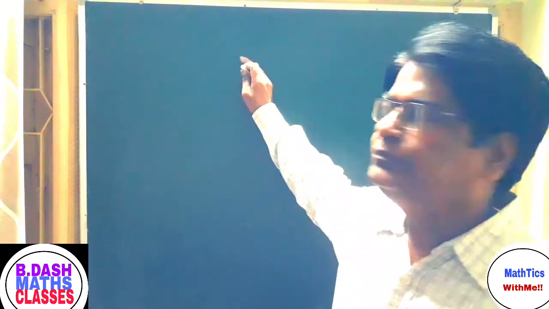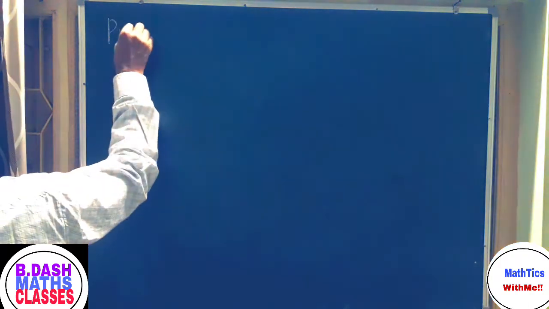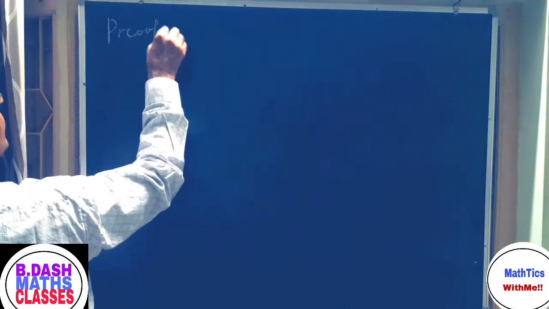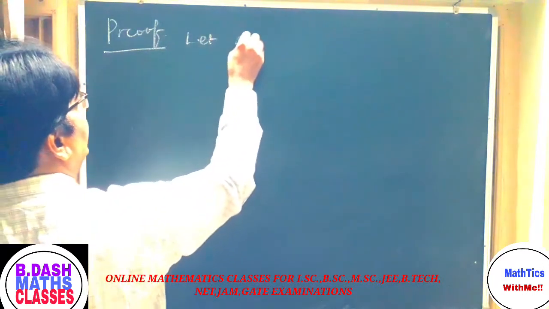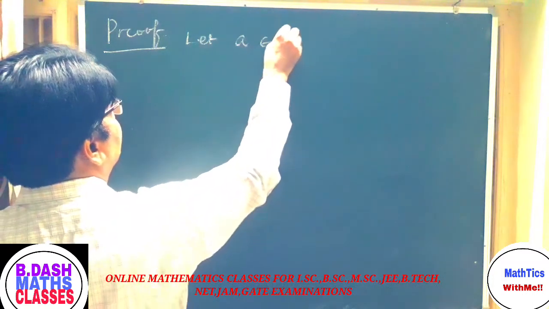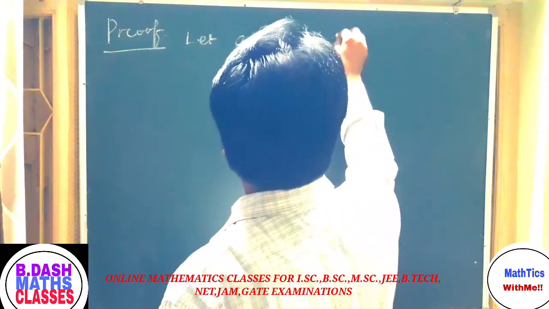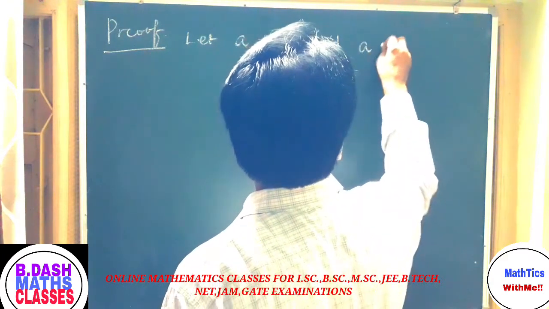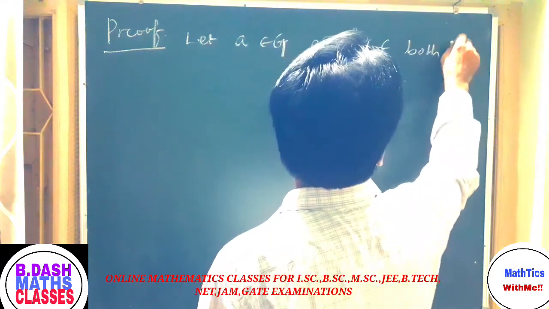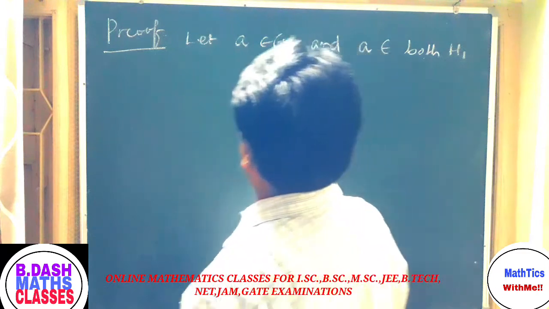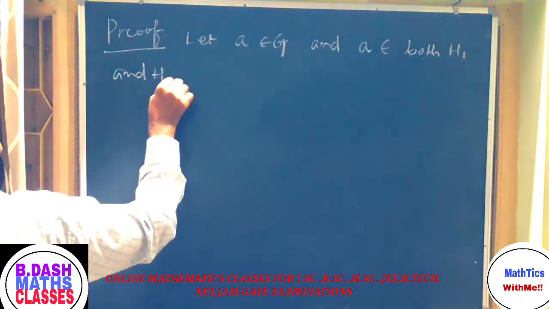Now you see the proof of the theorem. Let a belong to G, and a belongs to both H1 and H2.